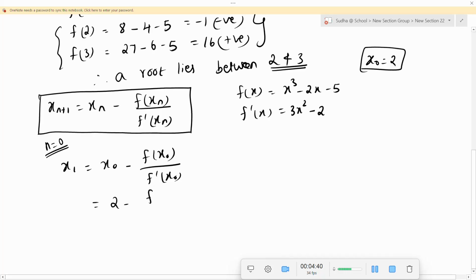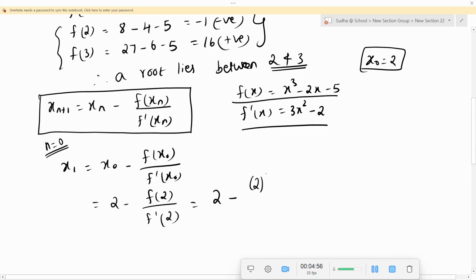So 2 minus f of 2 divided by f dash of 2. For f of 2, we already have f of x, and in that we substitute 2 instead of x. Then we'll get 2 cube minus 2 into 2 minus 5, divided by f dash of x, where we substitute 2 instead of x: 3 into 2 square minus 2.